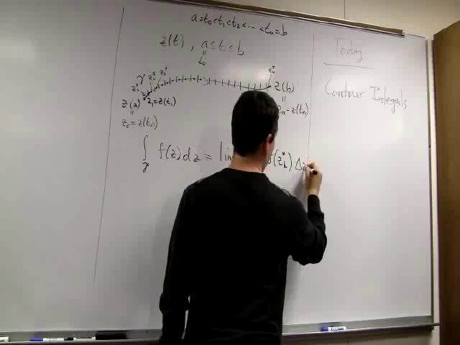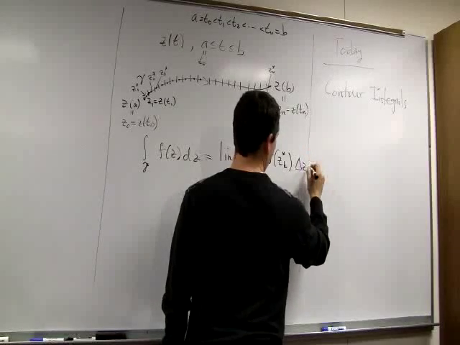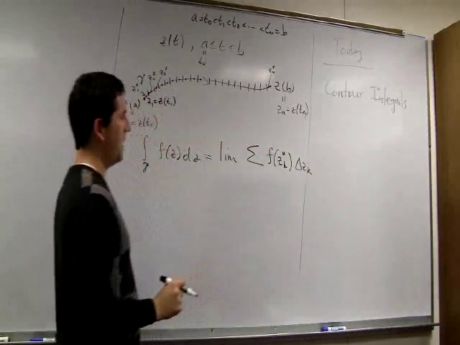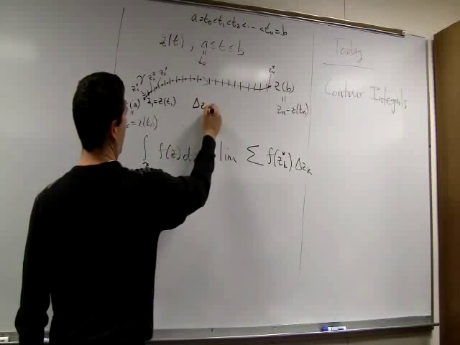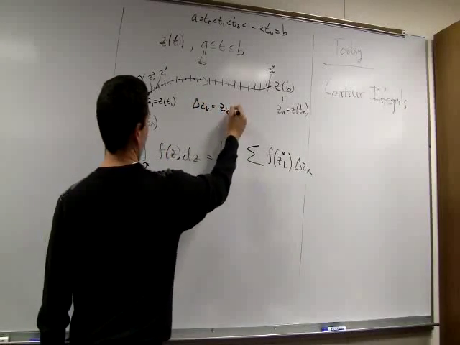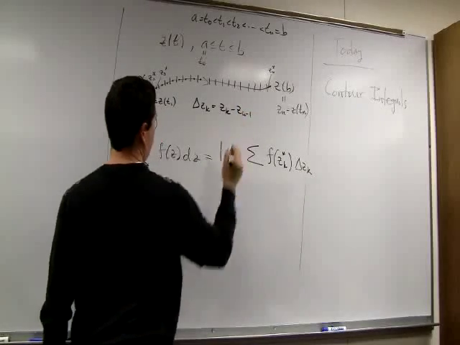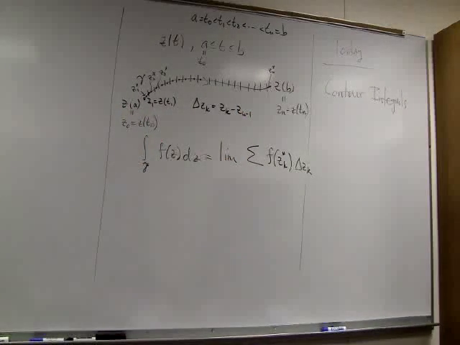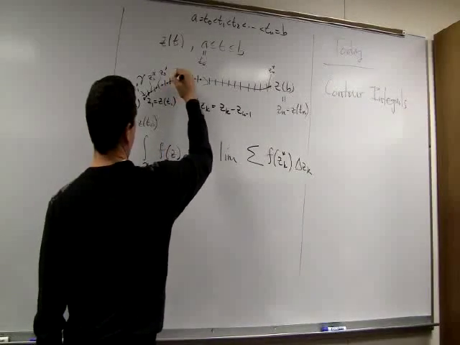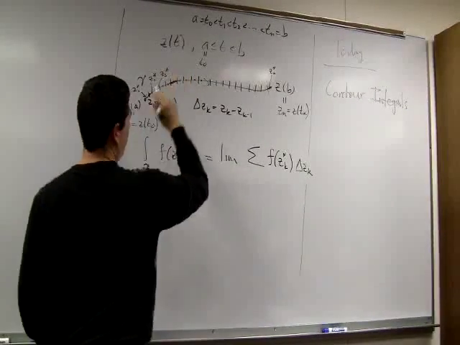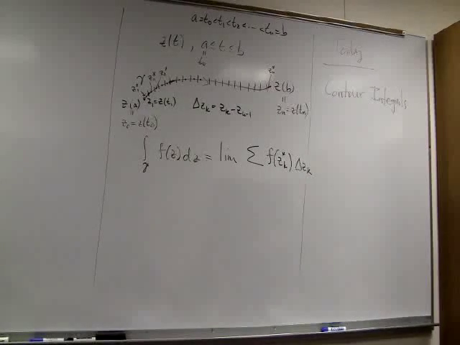And then we multiply by delta zk. What's delta zk? Well, delta zk is just the difference between zk and zk minus 1. So it's the straight line distance, not the arc length.